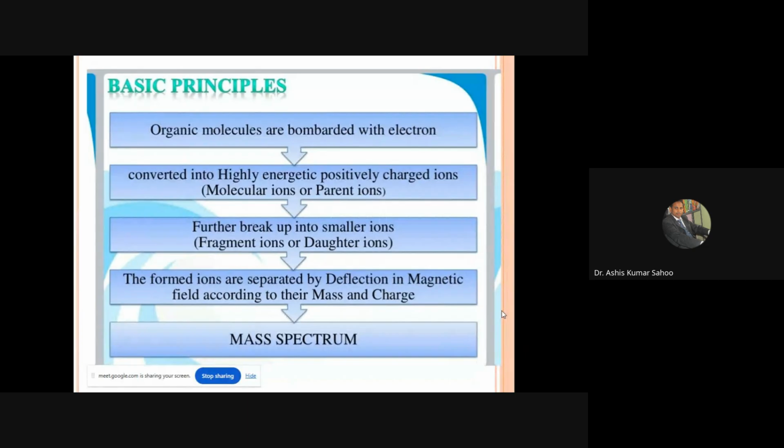Further, it breaks into smaller ions, known as fragment ions or daughter ions. The ions are separated by deflection in a magnetic field according to their mass and charge, and this gives the mass spectrum. This is the flow chart of the whole process of mass spectrometry. So first, what will happen?